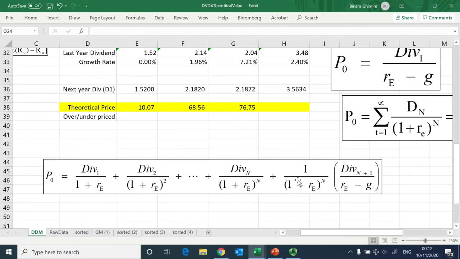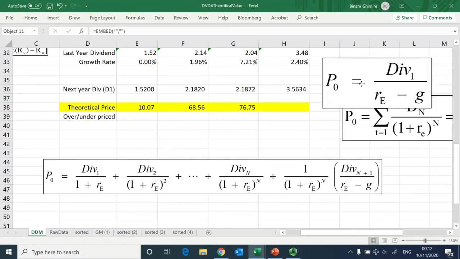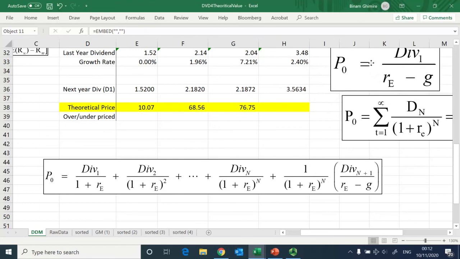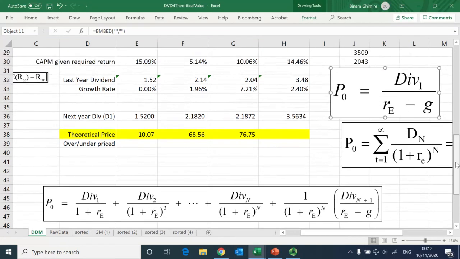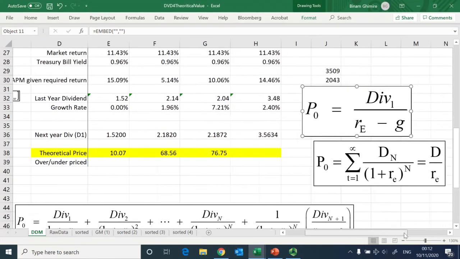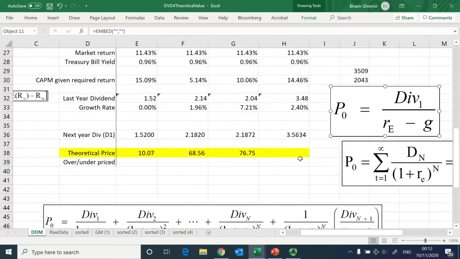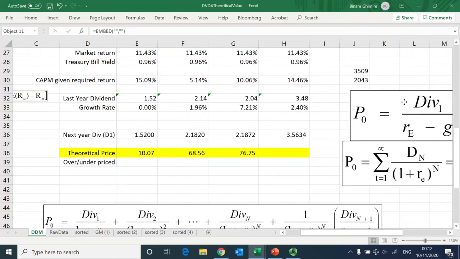Now this part is remaining. Let's first find out for this, which is exactly this formula here. So for that, now what we can do is we can find this over here, which is dividend next year is this amount divided by the CAPM given required rate of return, take away the growth rate, which we said is this amount.